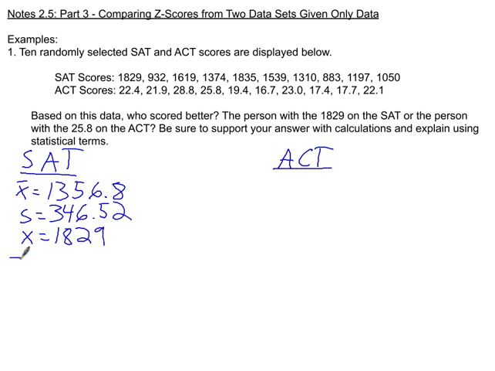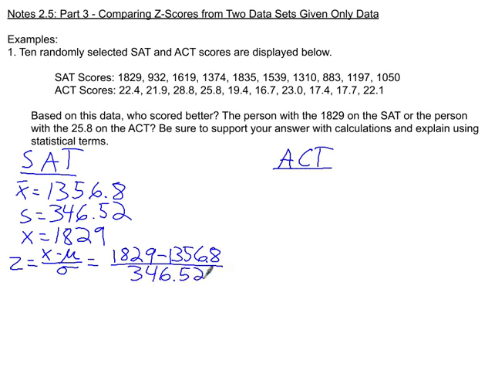So we can find the z-score of this. That will be the data value minus the mean divided by the standard deviation. So we have 1829 minus 1356.8, all divided by 346.52. This gives us a z-score of 1.36.